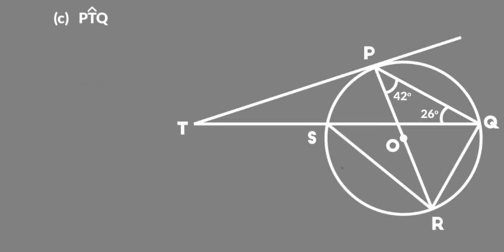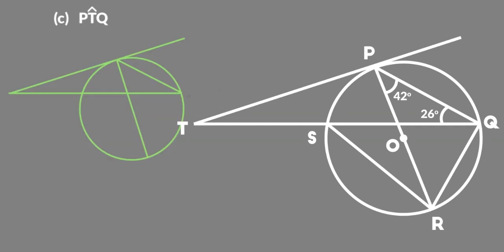Next, we're asked to find the value of PTQ. If we look at PTQ, we notice that it's an angle formed by the tangent TP and the line TQ. If you look in this diagram, we've got Q there, T, P, we've got point O somewhere there, which is the center, we've got R. The angle RPT is 90 degrees.